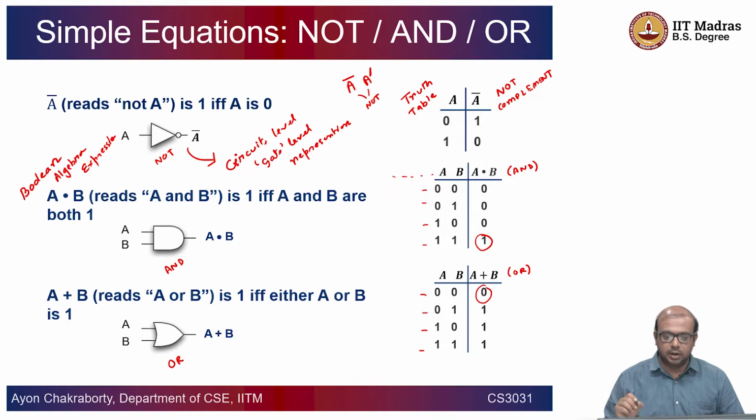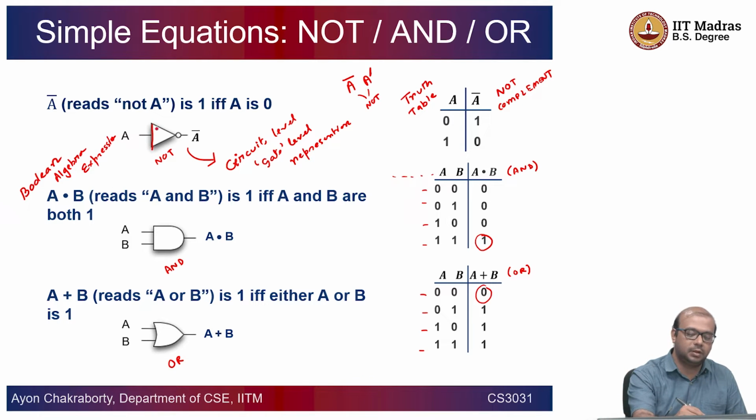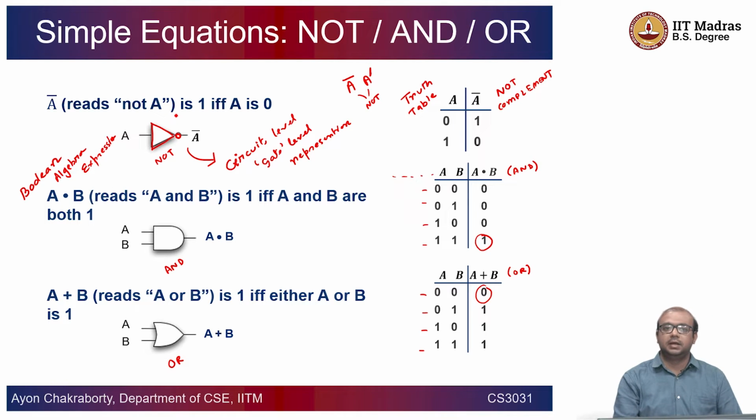And when you write Boolean algebra expressions, it is typically written as a bar or a prime. And if you want to write it in terms of a circuit schematic or a gate level schematic, you use this triangular sign with a circle in front, right? So the circle typically represents a complement, right?